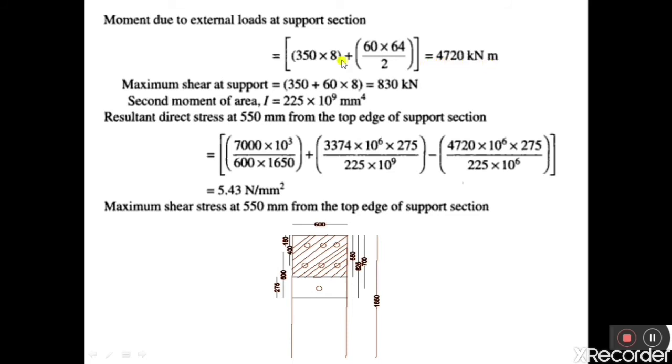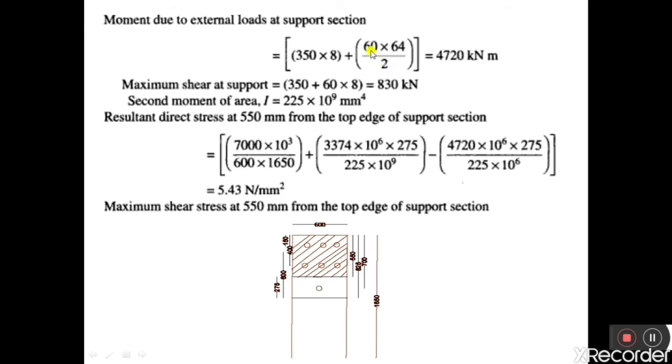Again I will tell you, 350 into 8, this is the moment due to the point load which is acting at the free end. So 350 is the point load acting at the free end, and 8 meter is the distance of the point load with respect to the support. And we know the maximum bending moment in a cantilever beam occurs at the support. Plus 60 into 64 by 2, it is WL square by 2.